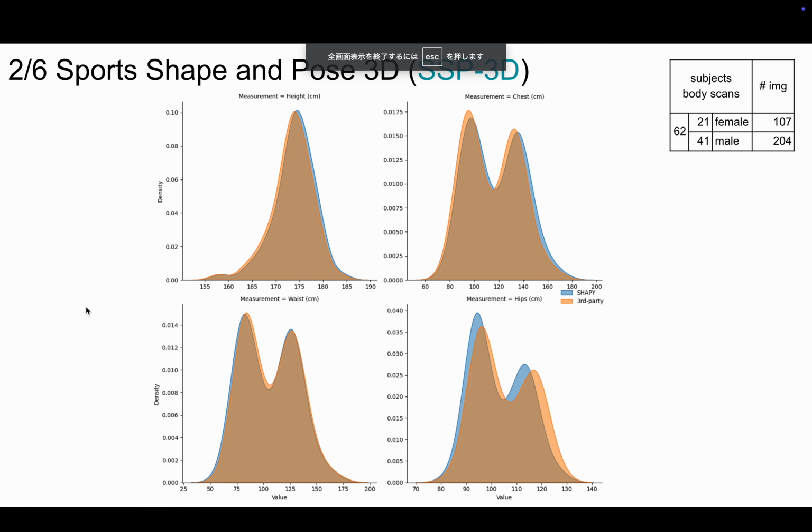The distributions are almost the same, but they do have some minute differences.